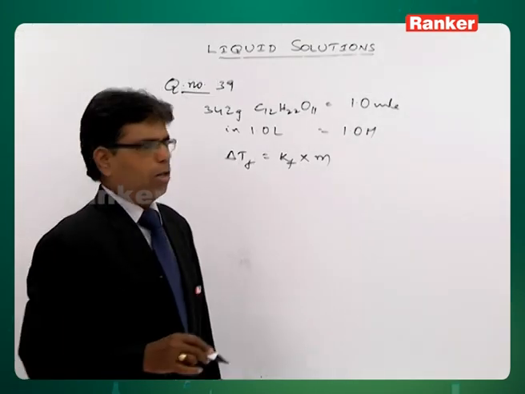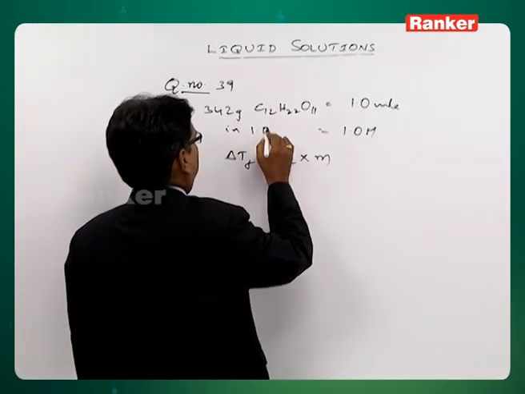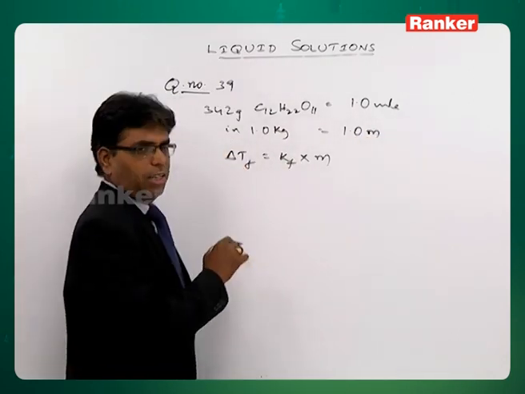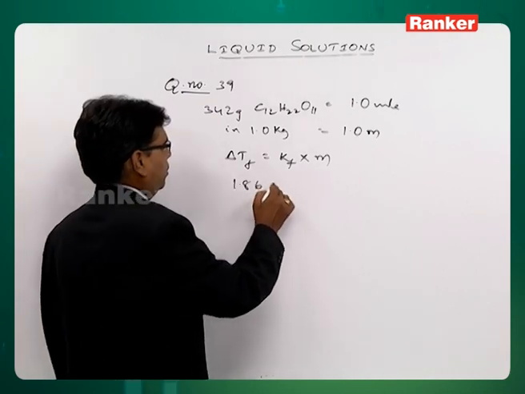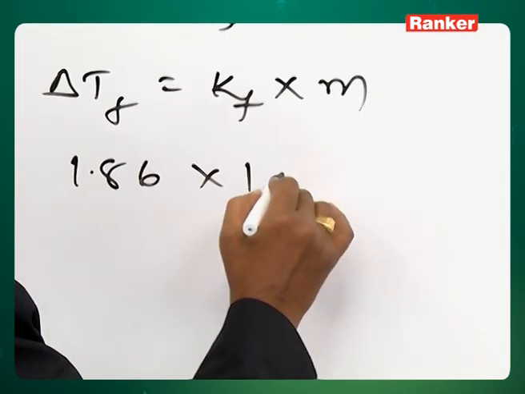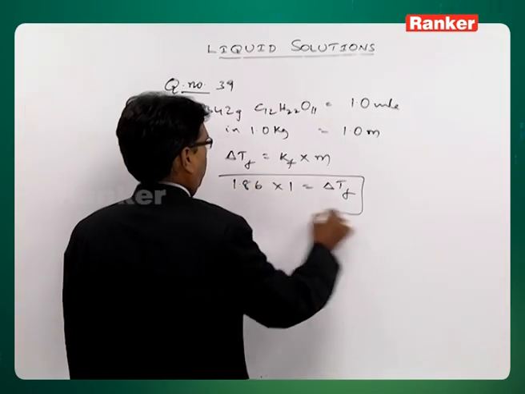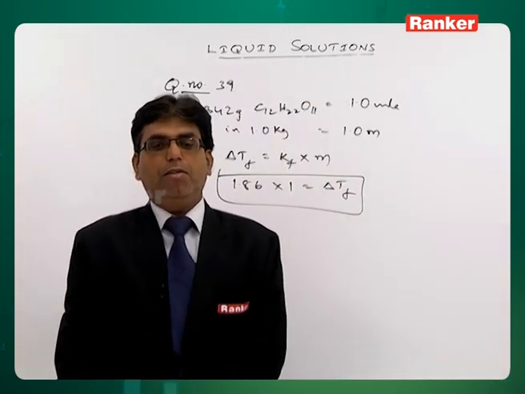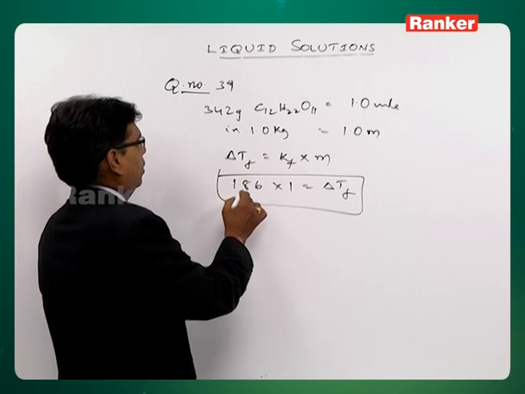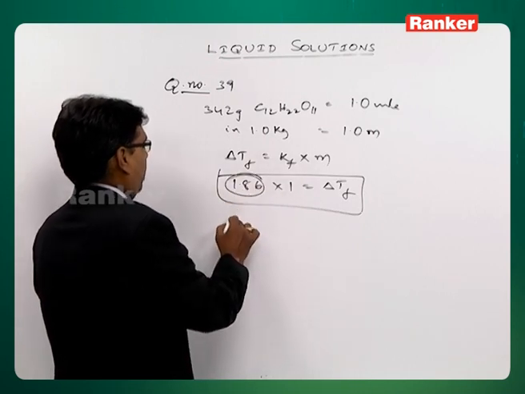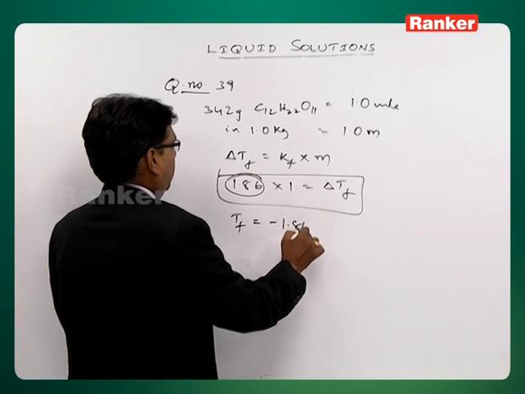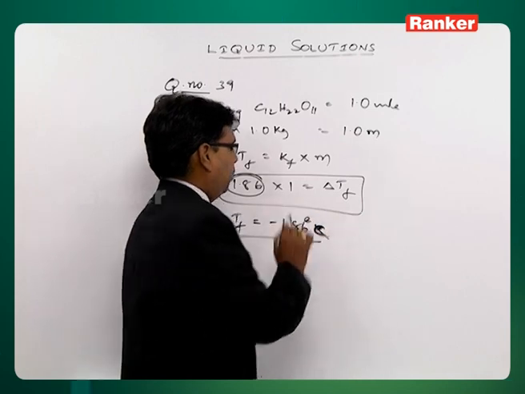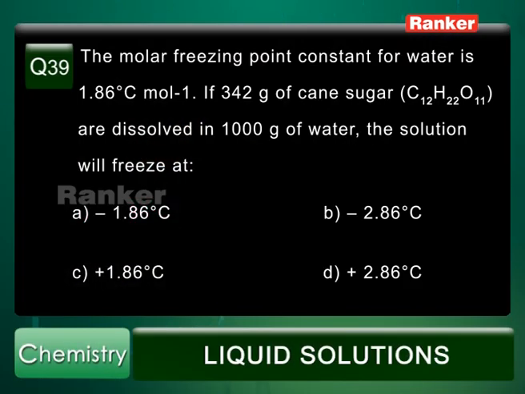In 1000 grams or 1 kg, this is 1 molal; either way it is the same. So, 1.86 into molality, that is 1, is equal to delta Tf. So, the answer must be minus 1.86 because now it is the freezing point, which decreases by 1.86. So, Tf is minus 1.86 degree Celsius. So, the correct answer is option A.